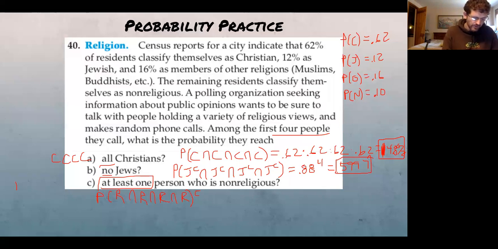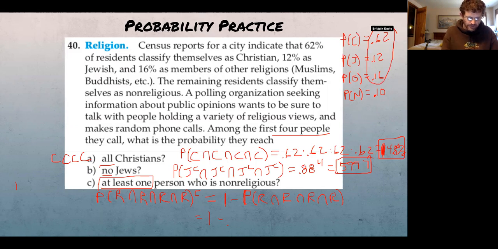Okay, so there we go. That's just going to be 1 minus the probability of religious and religious and religious and religious. So 1 minus point. Now the religious probability is this combined up here.